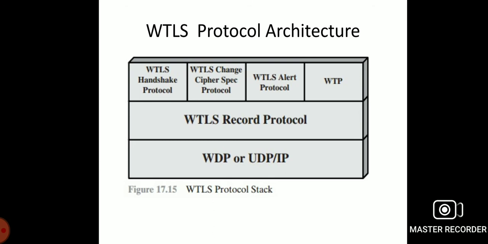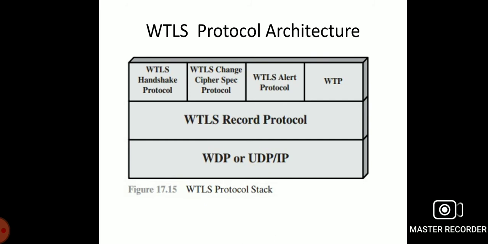The most complex part of the transport layer security is the handshake protocol. This protocol allows the server and client to authenticate each other, negotiate the encryption and MAC algorithm, and the cryptographic keys used to protect data sent in the transport layer security record.